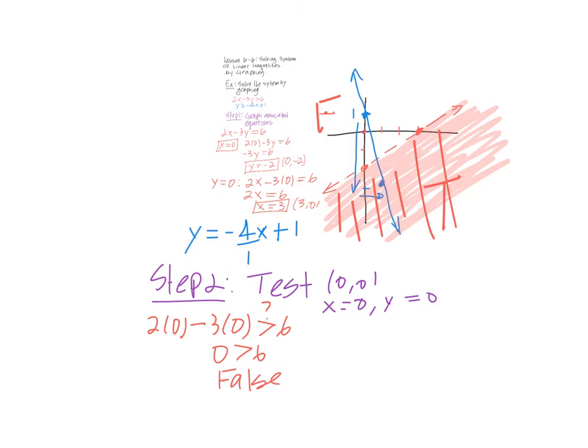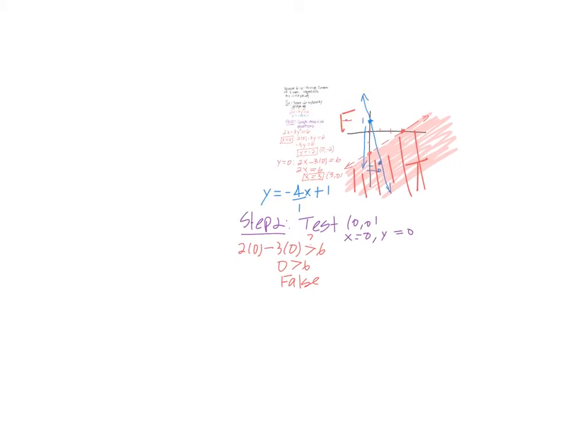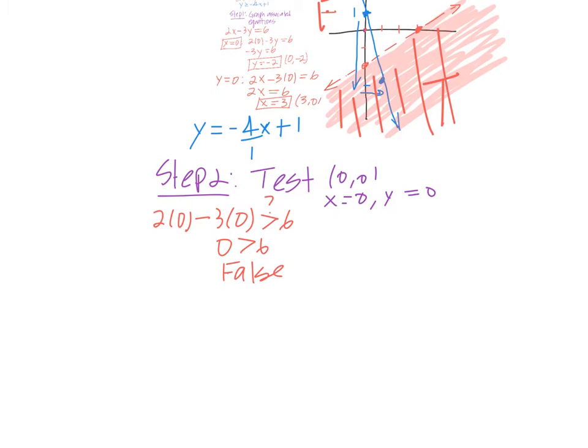All right, so now we'll do the same thing, except we'll test this in the second inequality, in blue. So that was y, which is now 0, greater than or equal to negative 4 times x, which is 0, plus 1.